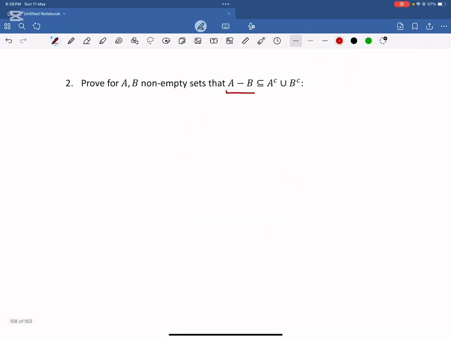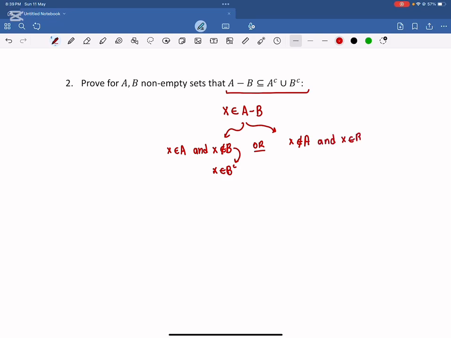Okay, we need to prove this. So I'm gonna use an element method. If I choose an element x that belongs to a minus b, this means x can be an element of a and x not an element of b, which means it's an element of the b complement, or it can be x does not belong to a and belongs to b, which means it belongs to a complement.